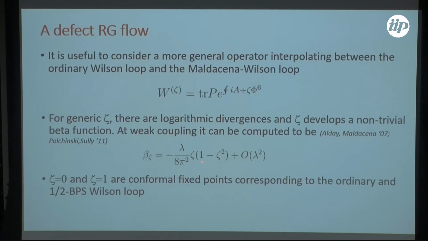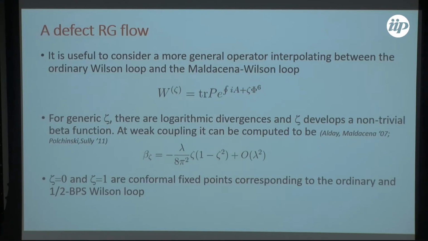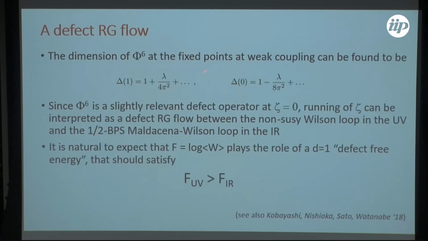And from this beta function, you can read off the dimensions of this perturbing operator phi 6 near these two fixed points. The dimension at the fixed point zeta equals 1 is the one I already showed before. It's 1 plus lambda over 4 pi squared. The dimension near zeta equals 0 is 1 minus lambda over 8 pi squared. So phi 6 near the zeta equals 0 fixed point is a slightly relevant operator.